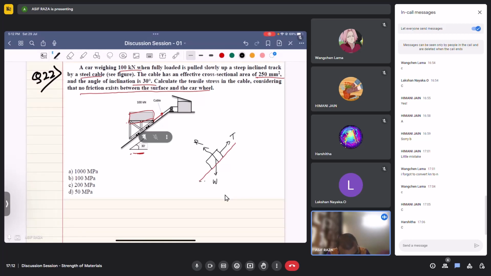So inclination is 30 degree. How do you proceed? Most of the things I have depicted. One of you can just unmute yourself and say what you will find and then what you will substitute to get the answer, the tensile stress.